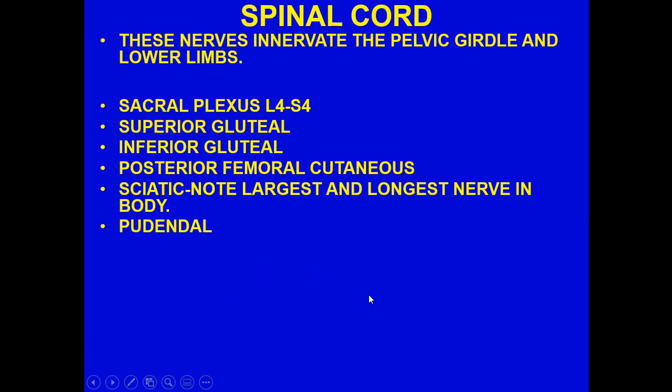Now, those nerves that innervate the pelvic girdle and lower limbs will consist of the sacral plexus, which is L4 to S4. These include the superior gluteal, inferior gluteal, the posterior femoral cutaneous. Now, the sciatic is the largest and the longest nerve in the body, and then you have the pudendal.